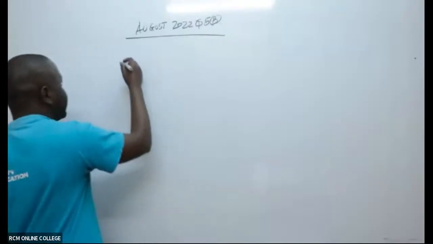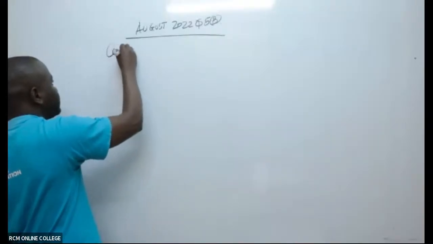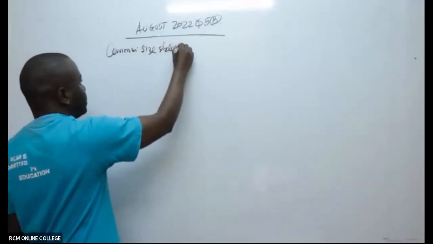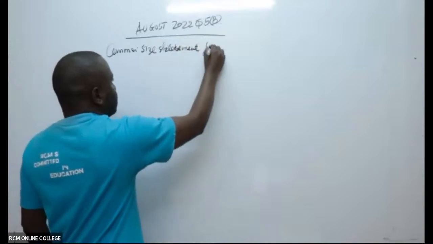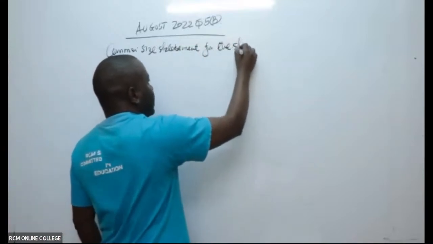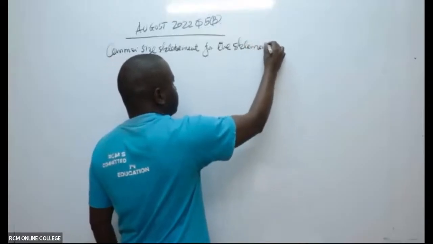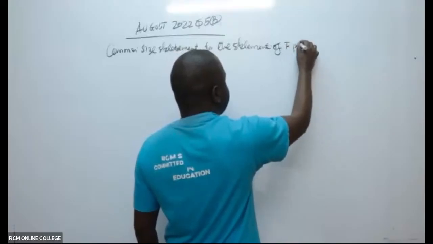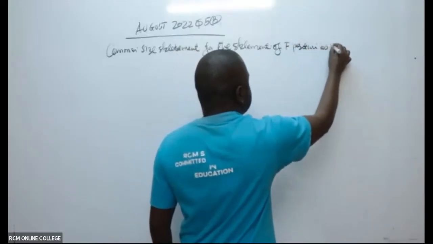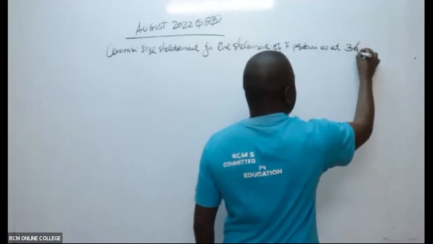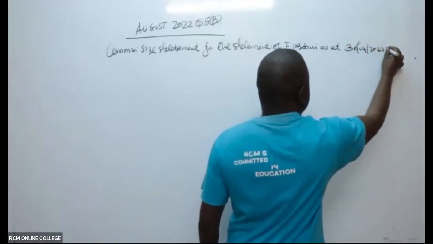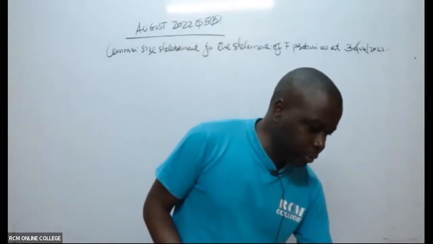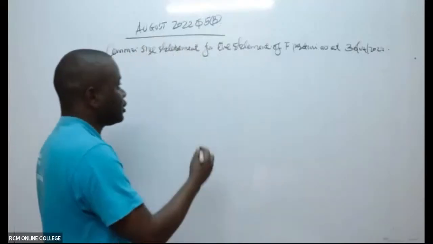So the common size statement for the statement of financial position as at 30th of April, 2022. You go to your balance sheet. Of course, we have the two companies.